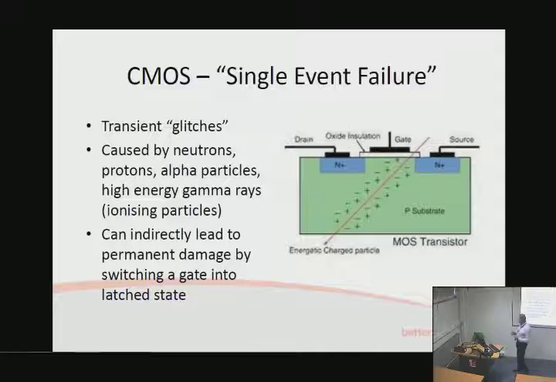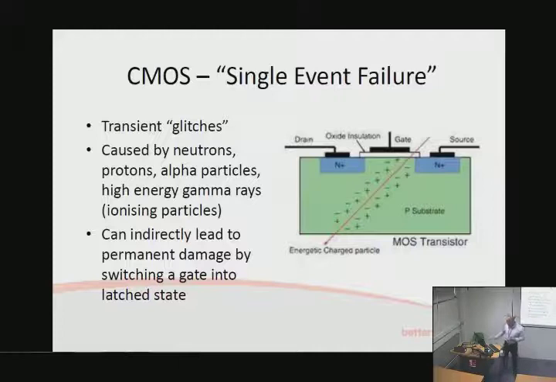The particular example I'm showing here in this slide is a thing called a single event failure. It's a big problem in avionics because when you fly into the upper atmosphere, there's a lot of high energy particles flying around, which can come drilling through our devices and accidentally switch them on.